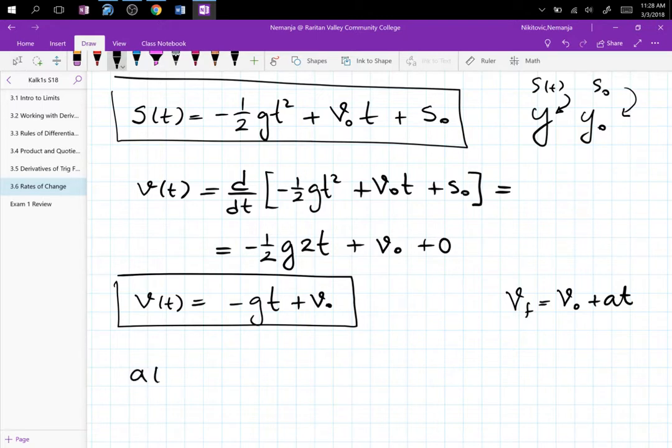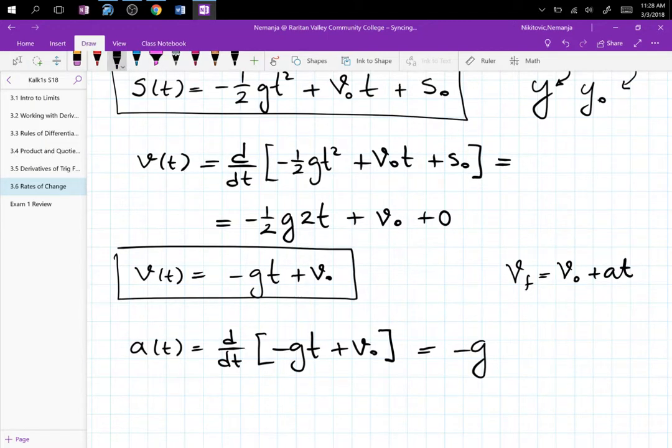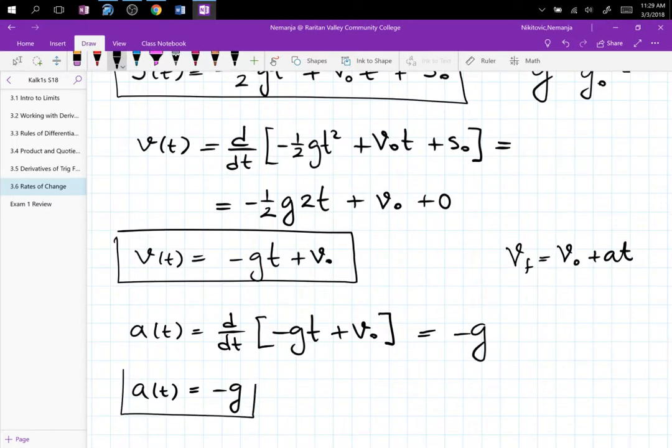And now we have the acceleration function, which is the derivative of our velocity, negative gt plus v0, and that derivative is negative g. So we know that acceleration in the parabolic motion is just gravity. In order for me to change this experiment and have a different type of acceleration involved, I would have to put little jet propulsion engines on my marker, fire that up and throw it.